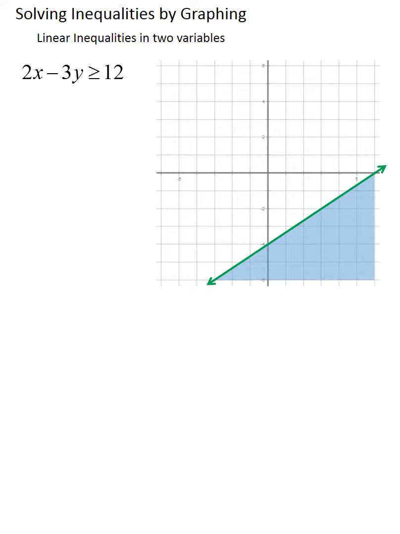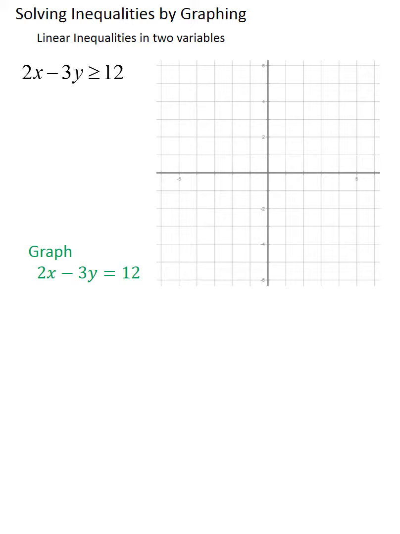But the real question is, how would we find that dividing line in the first place? Well, in order to find that dividing line, you need to graph the corresponding equality or equation. Notice this. In other words, if you change the problem to an equals and you graph it, you've got your dividing line between your trues and falses.